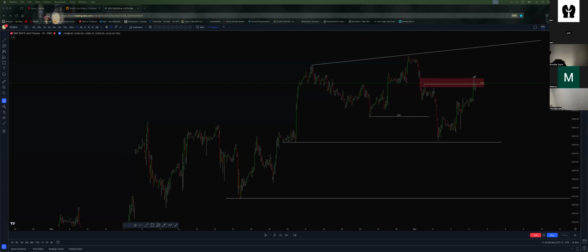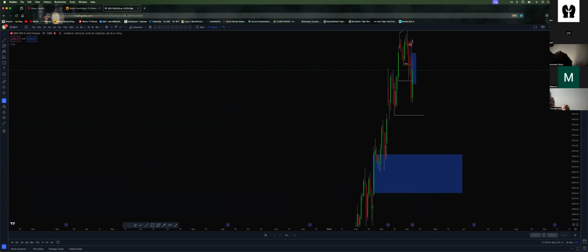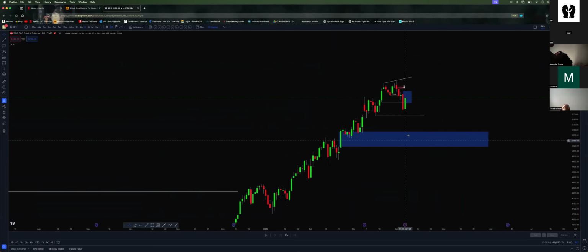So I'm not touching anything until we either break out here because we have these targets to go for, or we're just building structure and then coming down, taking this out before moving up. So we have inefficiency down here. I think that I got that on the daily. Yeah, there's daily inefficiency, like I said earlier. So I think that if we fail to break up higher, we're going to come down lower.